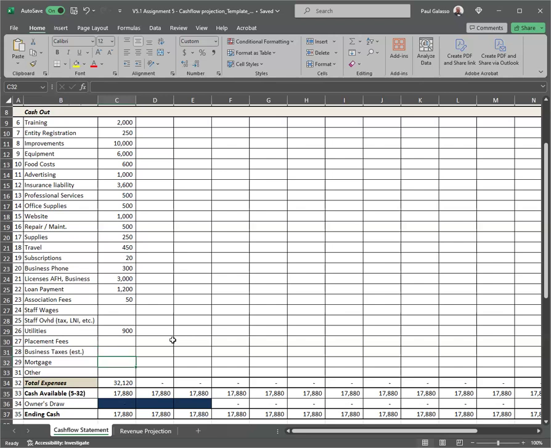Next is the mortgage that you pay for your adult family home. Depending on your area, the payments might be anywhere from $3,000, $3,500, even up to $8,000 or $9,000 or $10,000, depending upon how big your house is.